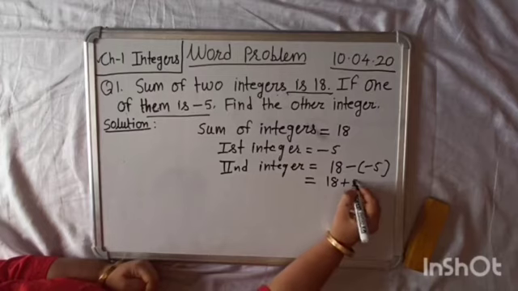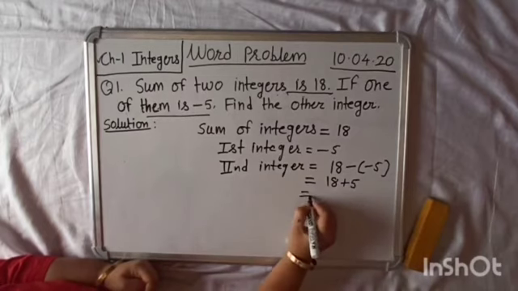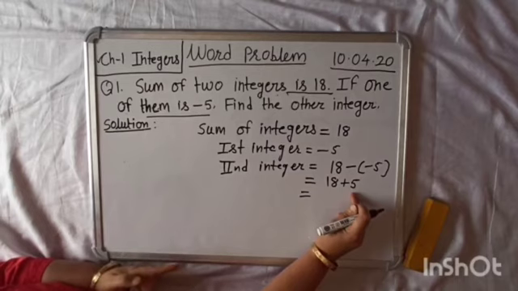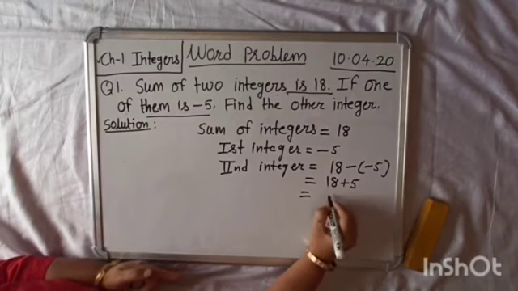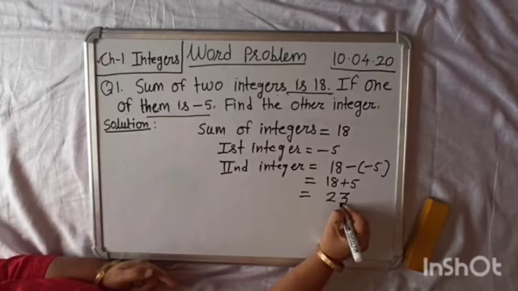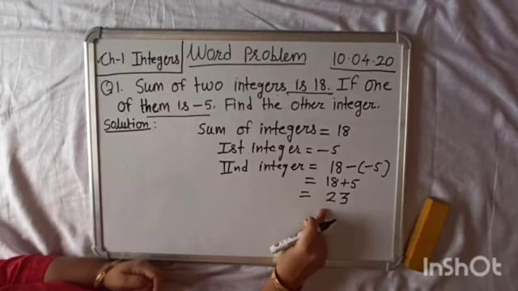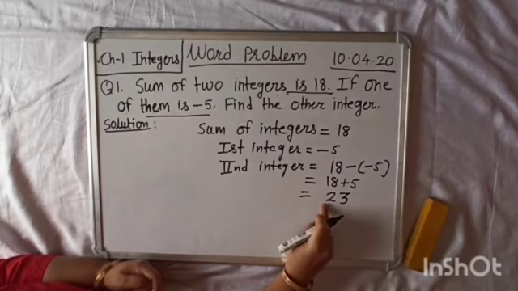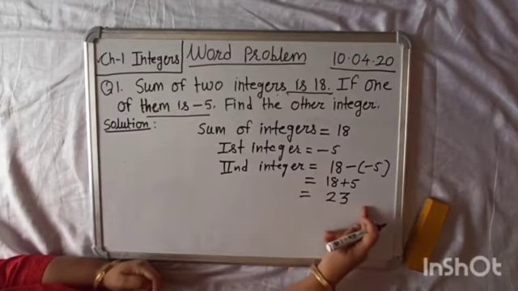So it will be plus sign. If both integers are of the same sign in a sum, you will just add them, and we will put the sign of the greater integer. Both are of the same sign, that is plus. The sign will be plus, and there is no need to write the plus sign. So the second integer will be 23.